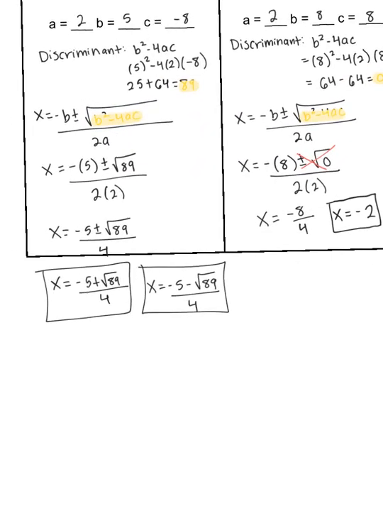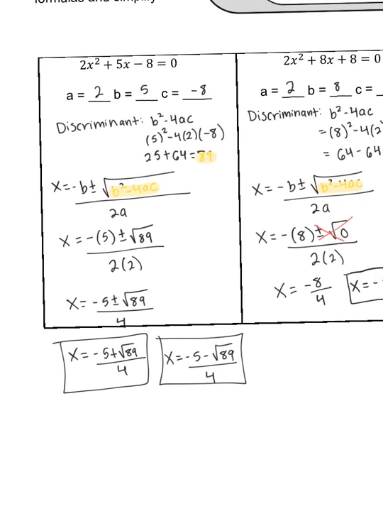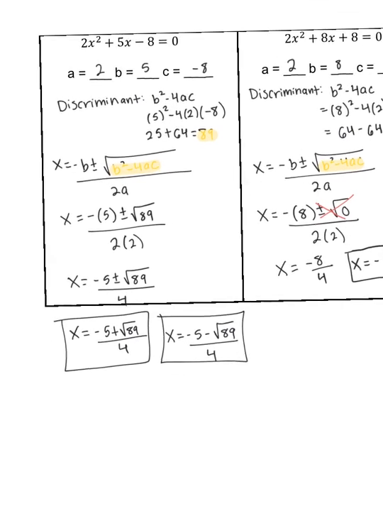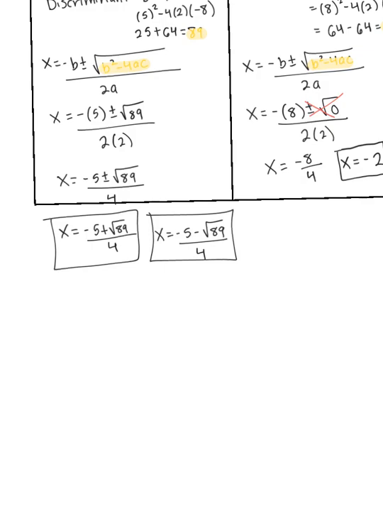So I'm going to kind of categorize these. In the case of the first question, your discriminant was positive 89. If your discriminant is bigger than 0, meaning it's a positive number, you have 2 real solutions. Since the square root of 89 is not a perfect square, I can't reduce it down to a single whole number, so we're going to call that irrational.